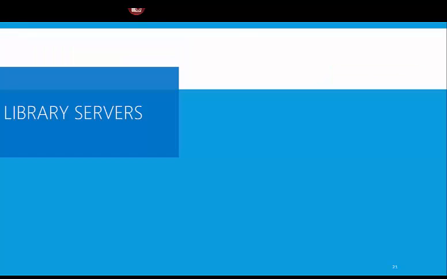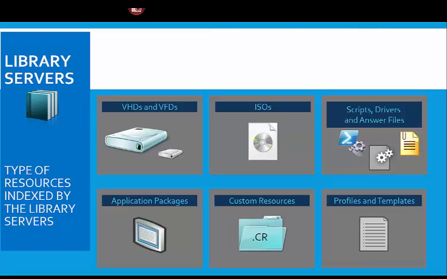So, library servers. For our library servers, the virtual machine library contains the building blocks used to support a variety of operations in Virtual Machine Manager. The library contains more than a collection of file-based resources.